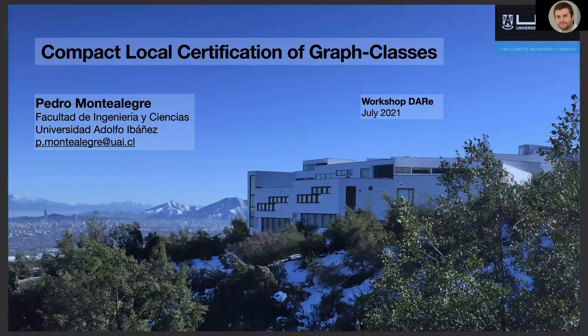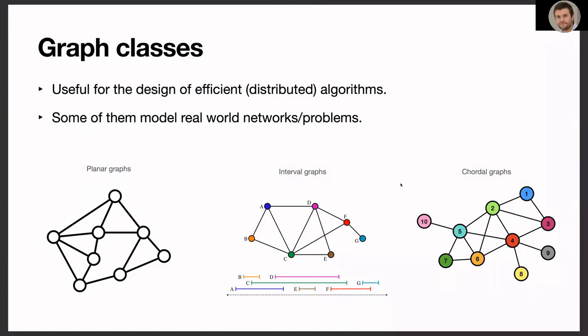Switch slides. Okay, so my talk is about graph classes that are useful for the design of efficient algorithms in the context of centralized algorithms, but also for distributed algorithms. Some of these classes are useful for real world cases, like we saw in this talk, like planar graphs.